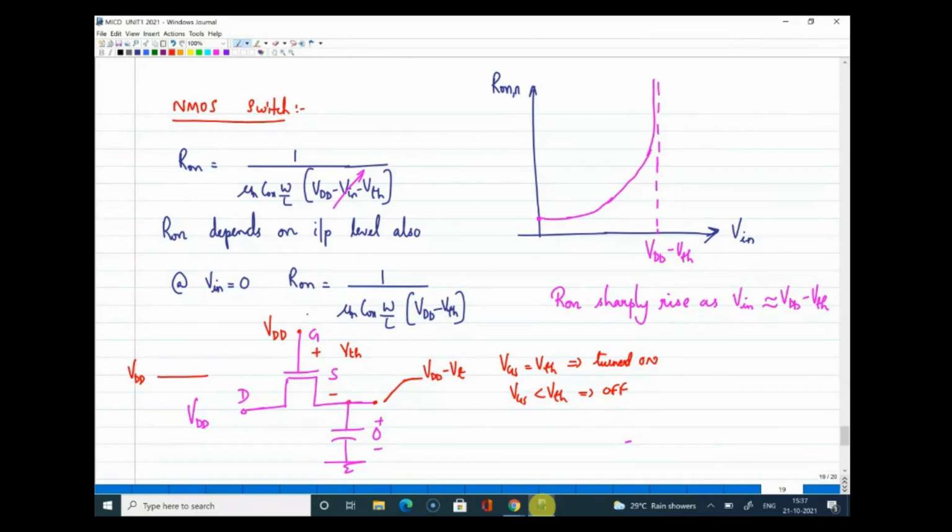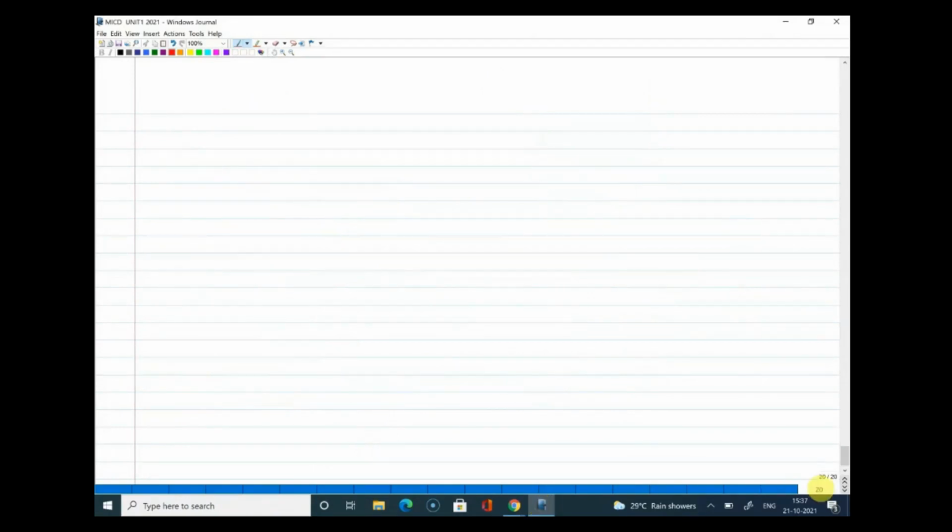So what is typically done is, we always try to restrict the range of the on resistance. For example, if I have this R on variation, I restrict it to a specific range, say 4:1. I'll tell you what this 4:1 is.